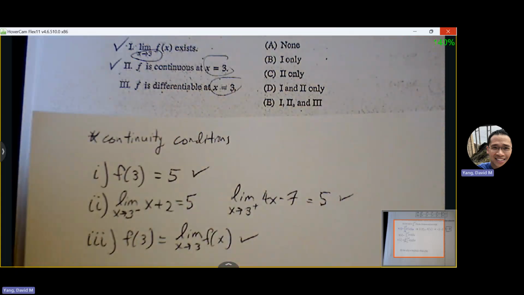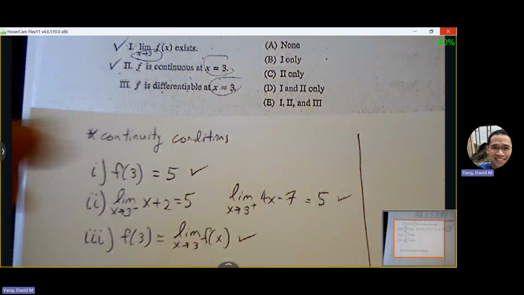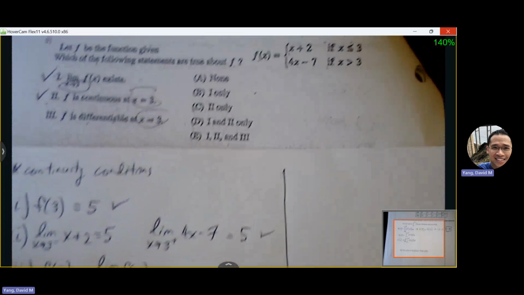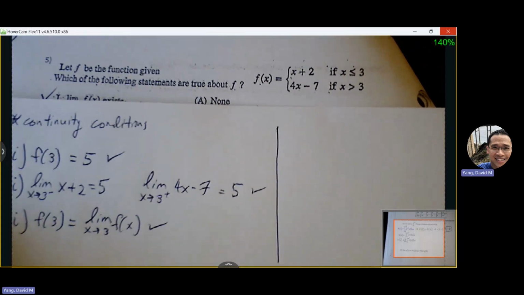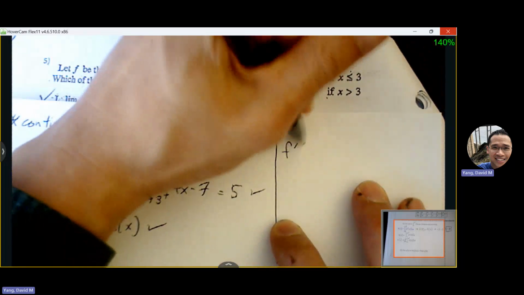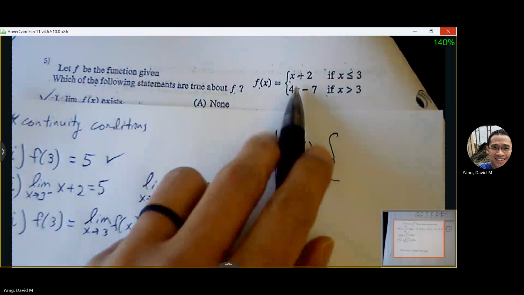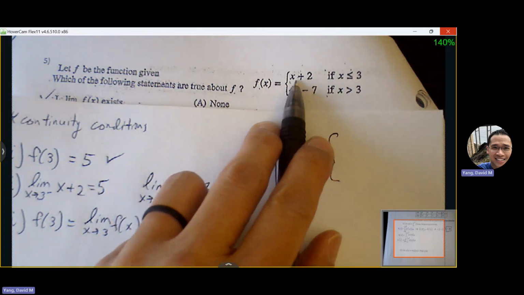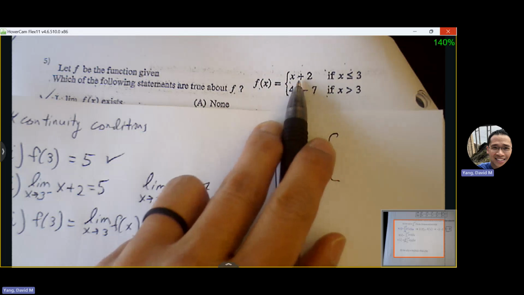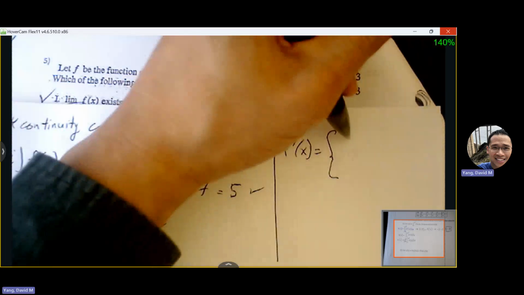Differentiable is asking about slope. Is the slope going to be in agreement? So let's find the derivative and see if we get the same slope. So f prime for this graph, what's the slope of this? What's the derivative of this piece here? Just 1.